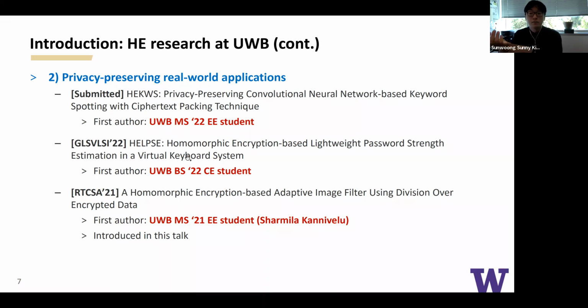And one Bothell undergraduate, specifically a computer engineering student, did research on privacy preserving password strength estimation, and a paper written with the results was accepted to a conference this year. Lastly, Sharmila did research on a privacy preserving image filter, and a paper written with the results was presented at a conference last year. Today, Sharmila is attending this talk, so I will introduce this work today.